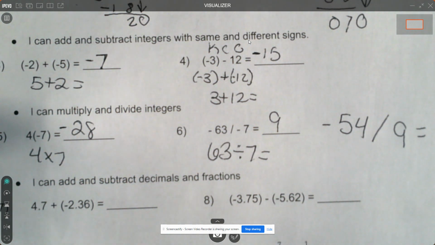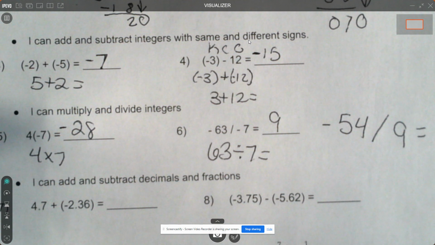Another trick, I just saw Madison do it. The 9s are kind of special. So if 9 times 1 is just going to be 9, that's how many fingers you have.